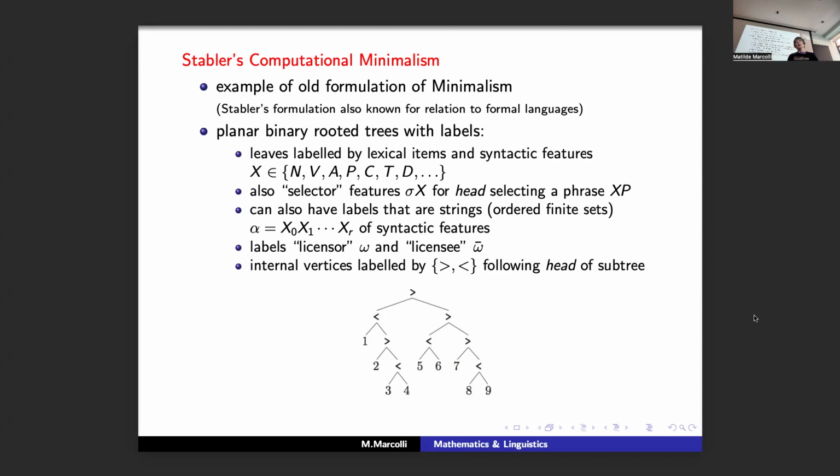Of course, the selectors are the ones that tell you when external merge can be done. External merge is the one responsible for matching the theta roles, so that tells you the domains of applicability of external merge. And the ones that tell you when something can be moved to other positions tell you the domain of applicability of internal merge in this model.